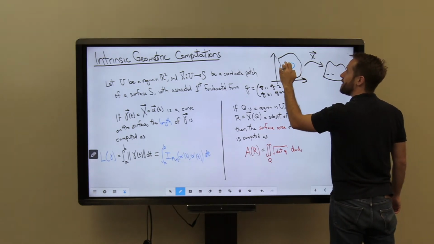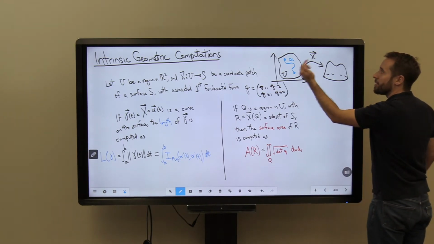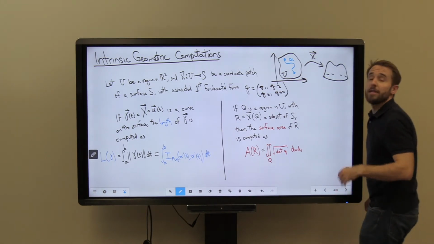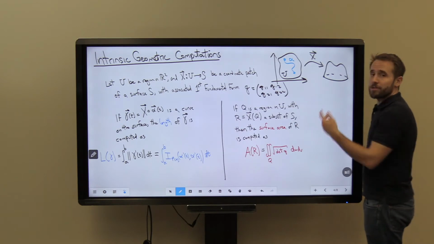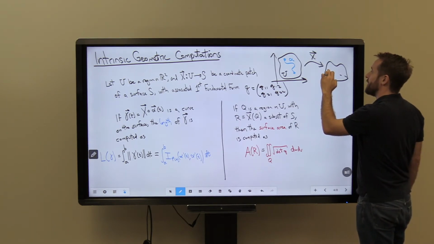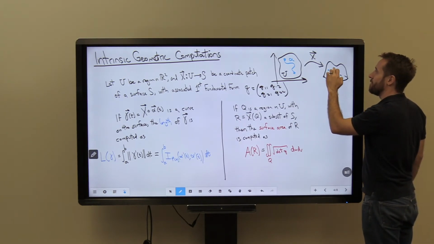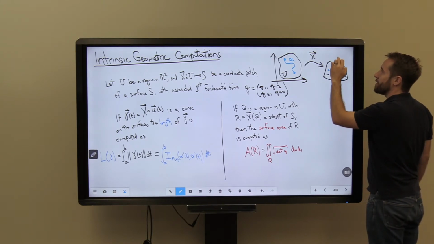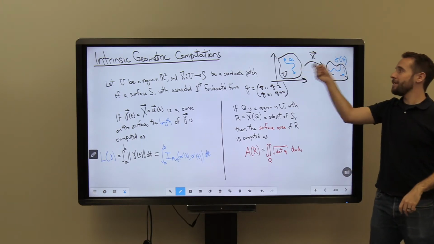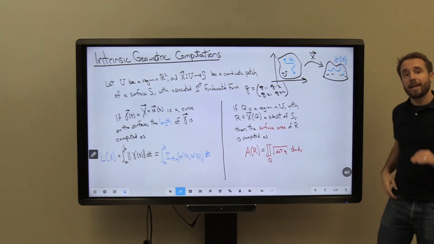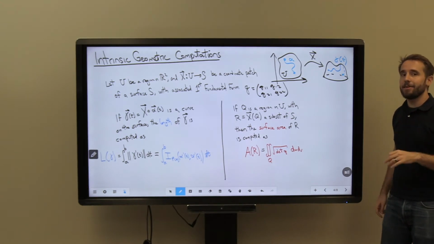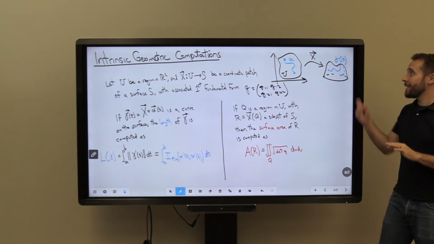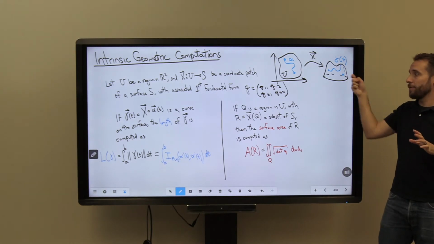And then that curve gets mapped by my parameterization to this 3-dimensional curve, or this space curve over here. And this is going to be my curve gamma. So we have alpha of t mapping to gamma of t. And let's say that we wanted to measure the length of gamma of t. That's the length of our space curve over here.